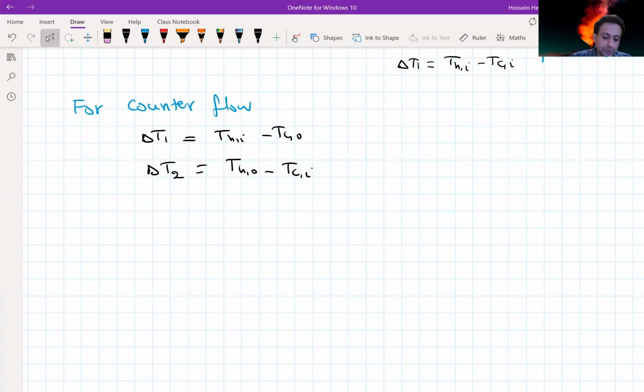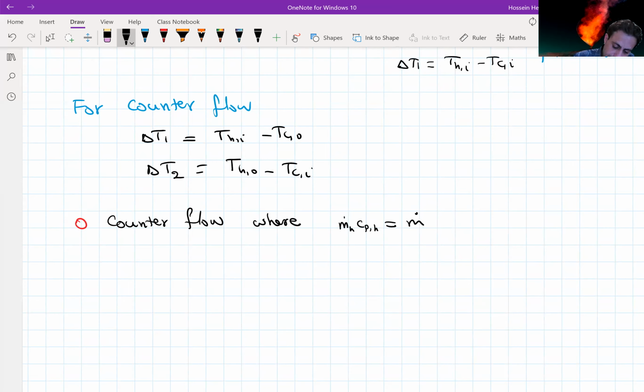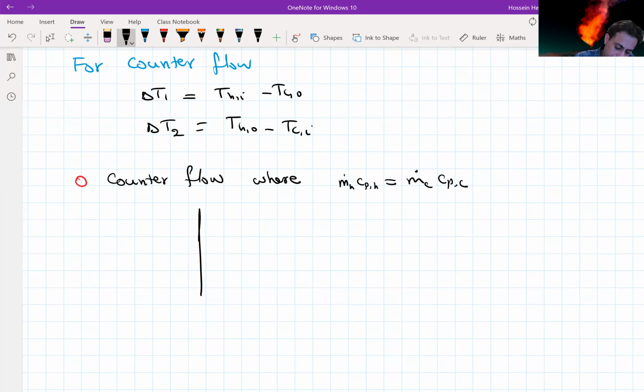A couple of other points about this LMTD: in case of counter current flow, where m dot h Cp h is equal to m dot c Cp c, if you look at the temperature profile for this case, what you would notice here is this is T and x, points 1 and 2, and this is for the length of that.